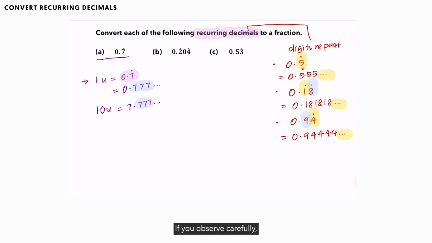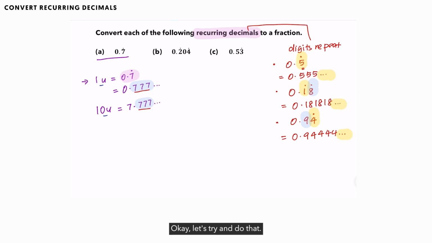If you observe carefully, the portions after the decimal place are now exactly the same. Over here, we have 0.777, and in 10 units, we also have the 0.777 at the back. Since these 2 portions after the decimal place are exactly the same, if we subtract the 1 unit from the 10 units, it should give us a nice whole number.